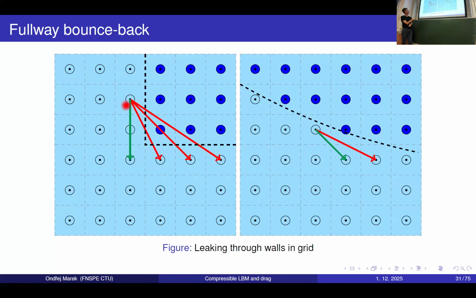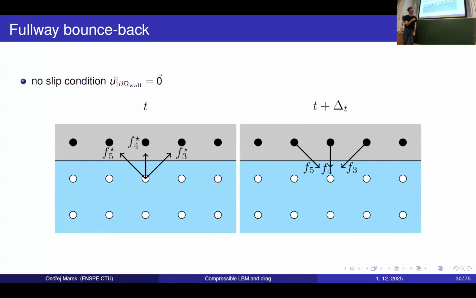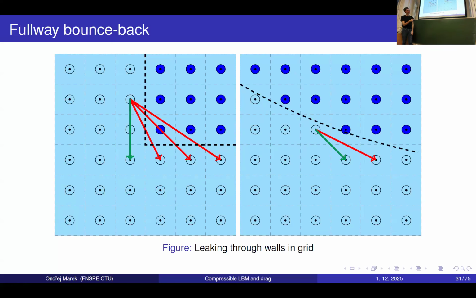Basically here the green one is still okay. It should go here, but the red ones are going through some ball nodes, and because there are more velocities, not only 9 velocities, then here it goes through, and here it goes through the discretization.